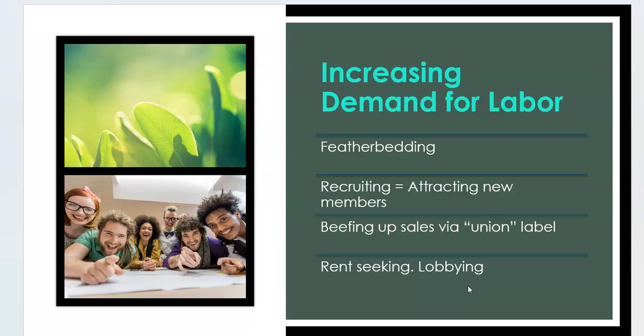So they try to get contracts from the government. They try to get politicians to give them certain jobs so they can fulfill those positions for their members. And this is how unions increase the demand for labor. That all boosts the wages.